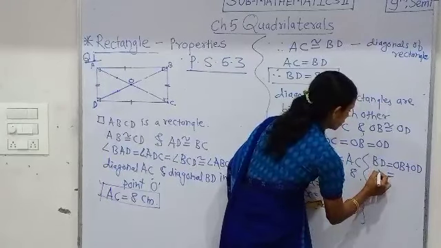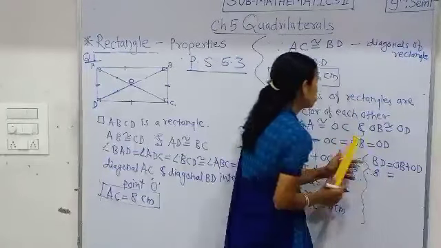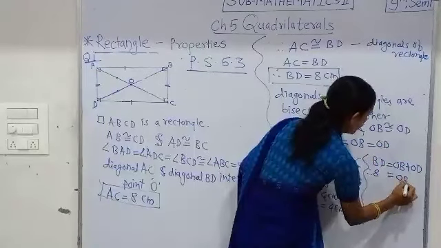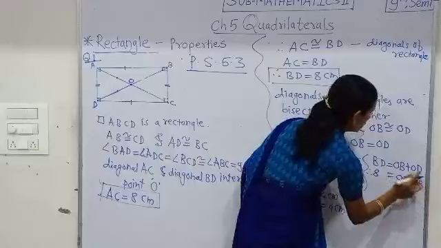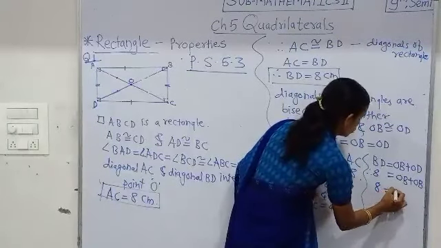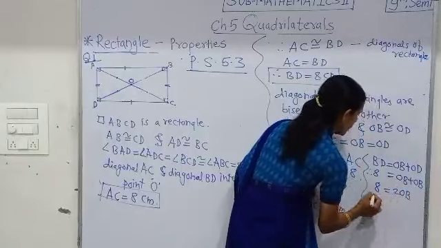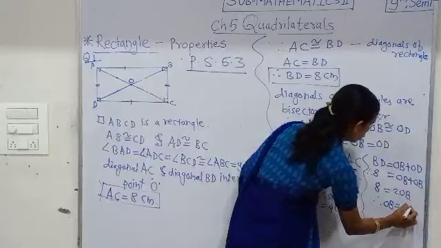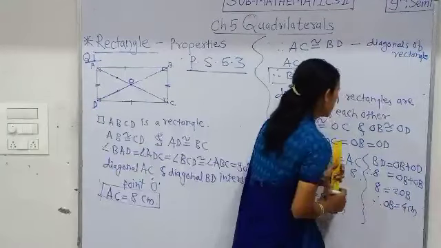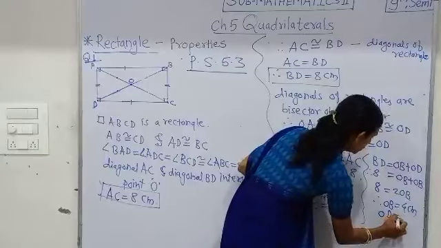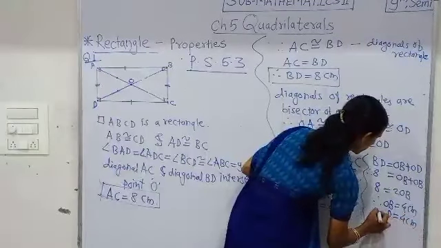Therefore, putting the value of BD as 8 centimeter, 8 is equal to OB plus OB, because OD and OB are congruent. Therefore 2OB is equal to 8 centimeter, so OB is 4 centimeter, and as OB and OD are congruent, OD is 4 centimeter.